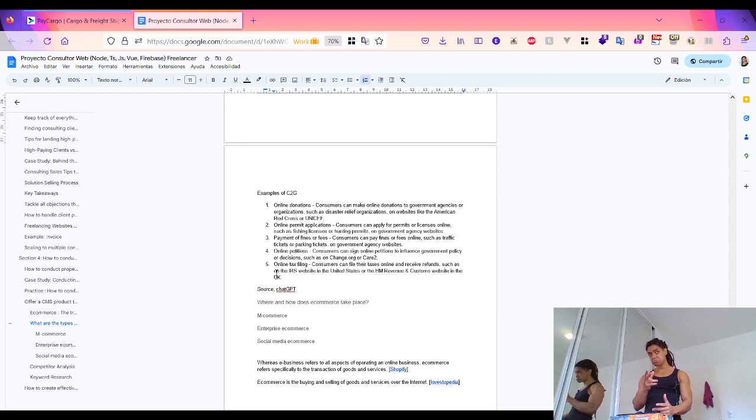Payments of fines and fees, such as traffic tickets or parking tickets, perhaps also fines. Okay, but this is payment of fines and fees.